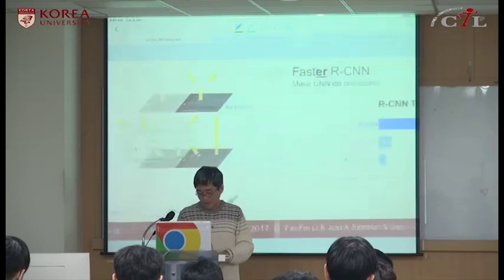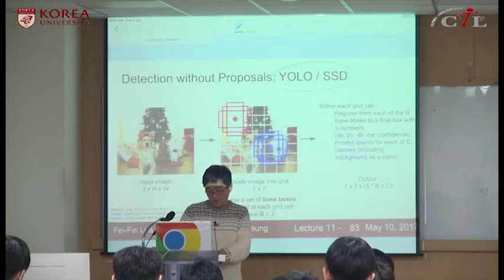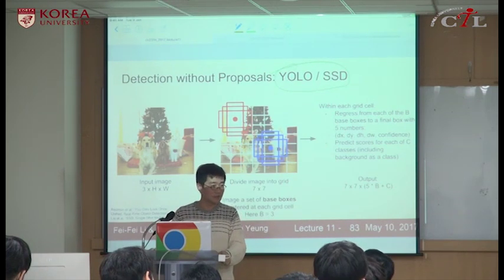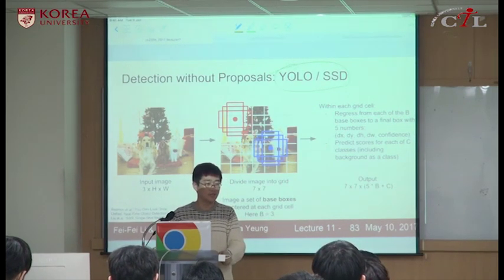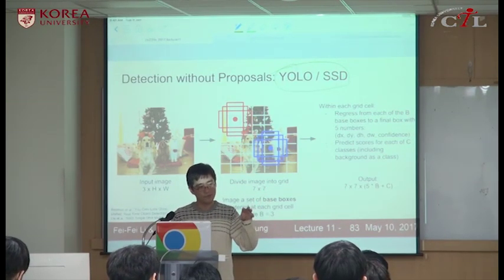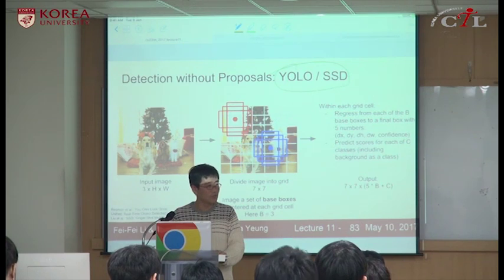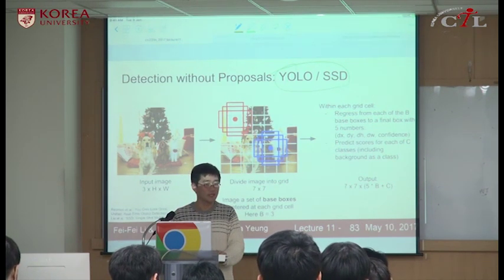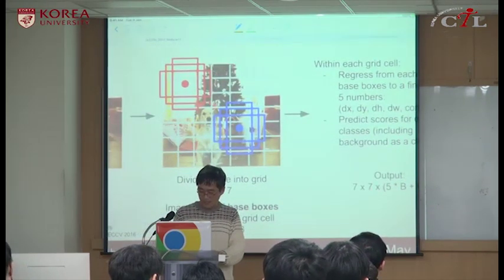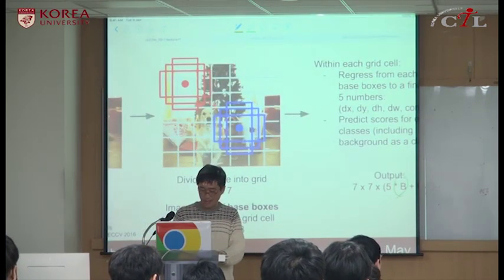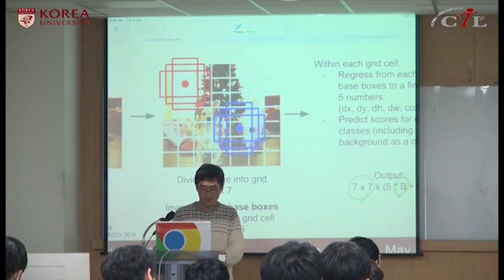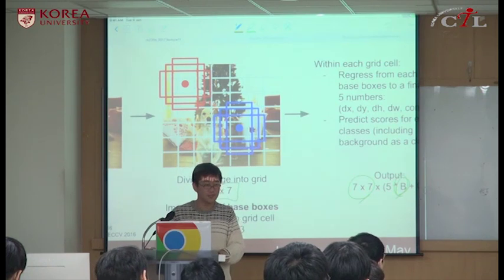Okay, so compared to that, YOLO and SSD, although they follow almost similar steps as Faster RCNN or the other methods, here we actually fixed the number of proposed regions. That number of proposed regions is defined by B times some predefined spatial resolution.